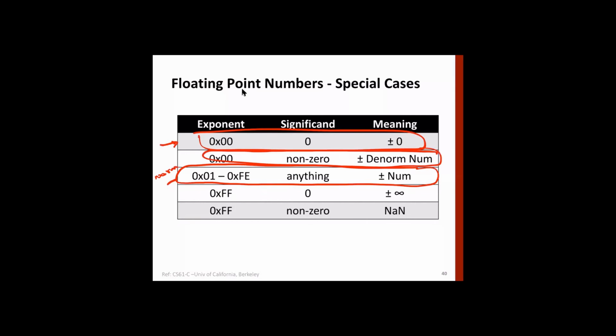If we have to represent plus minus infinity, we use these two values. And if the exponent is ff but the significant is non-zero, then we say this is not a number. We may have to represent something that is not a number, and then we can assign these values.